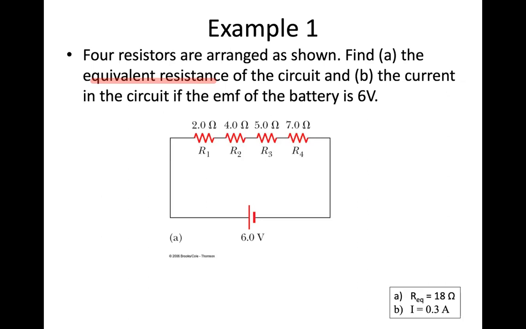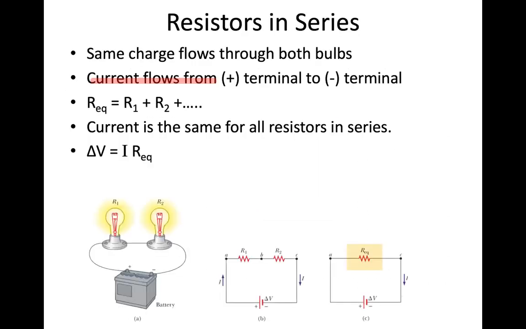I may not apply Ohm's law until I reduce my circuit to a single element. I cannot use Ohm's law until I have successfully reduced my circuit into one single resistor.